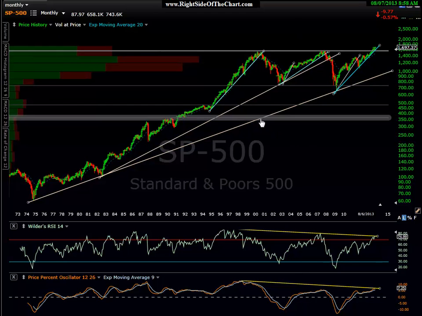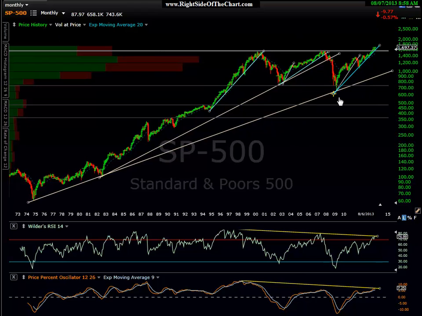On this one, I have this long-term primary uptrend line, which we kissed at the bottom of the bear market back in March 2009, before this new bull market began. And so we have several reactions going all the way back to 1974 here on that trend line. So that's something at some point in the future will probably be tested once again.